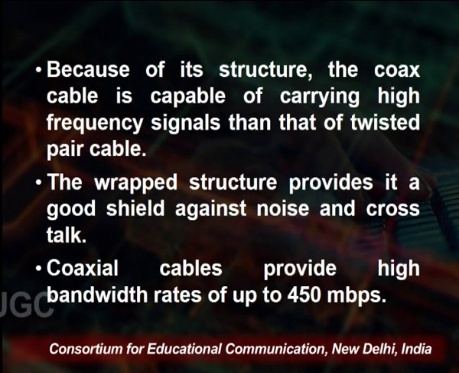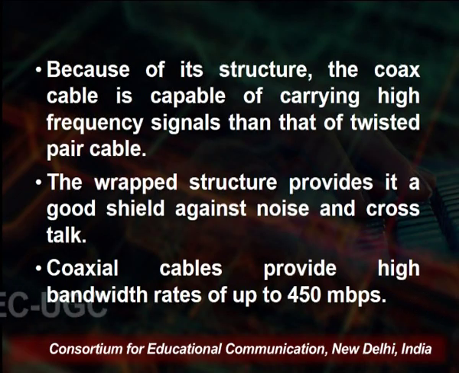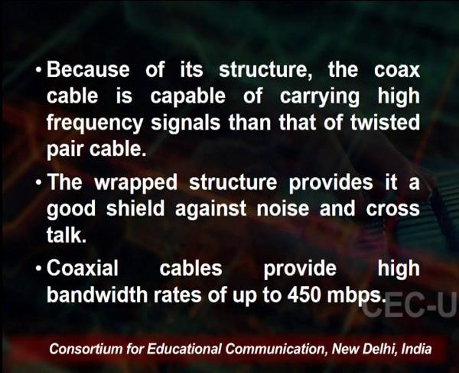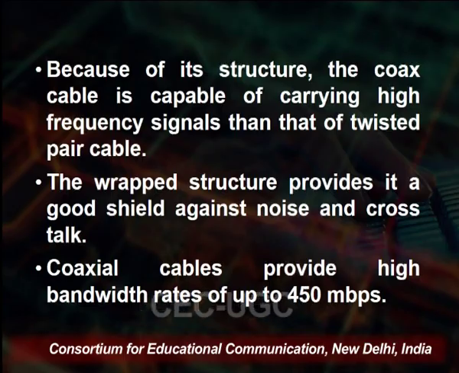Now, because of its structure, your coaxial cable is capable of carrying higher frequency signals than twisted pair cables. So yes, we can say that coaxial cables are better in terms of performance when compared with twisted pair cables, because it has a wrapped structure, and this wrapped structure provides a good shield against noise and crosstalk.